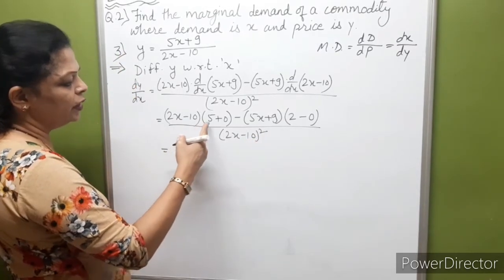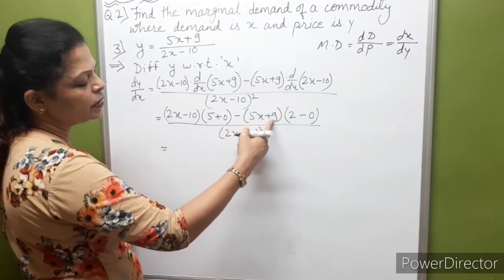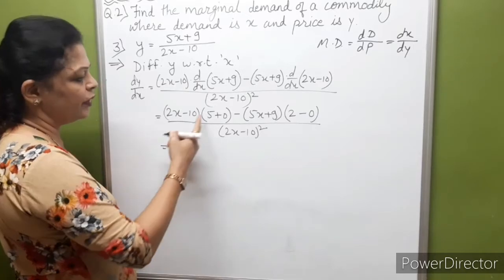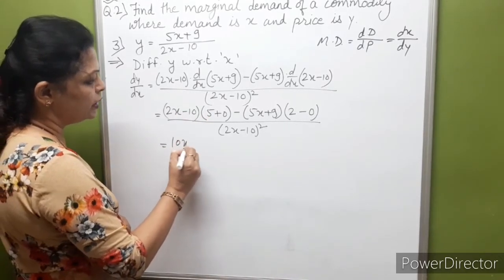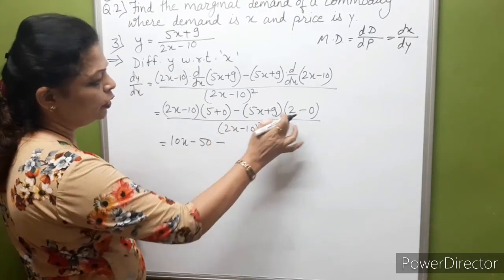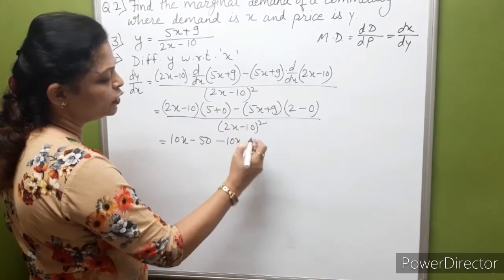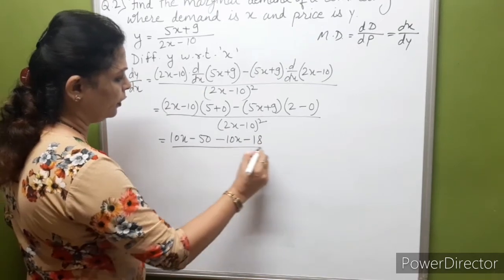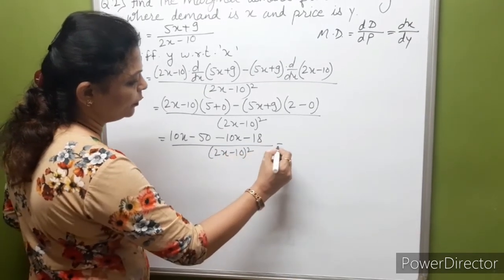So you will get here 2x minus 10 into 5 minus 5x plus 9 into 2, upon 2x minus 10 bracket square. So let us simplify. 5 into 2x, that is 10x minus 50, minus 2 into 5x, 10x, and again this minus sign, 9 twos are 18, upon 2x minus 10 the whole square.